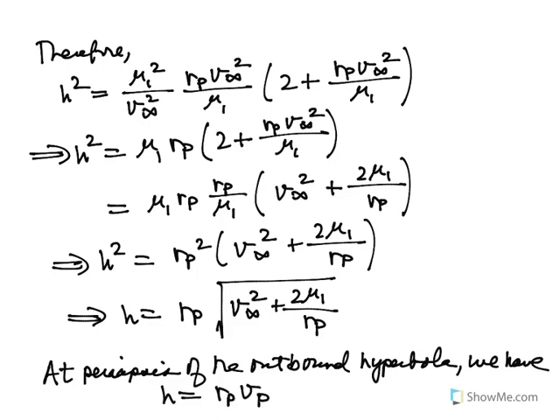And the reason that's true is because r and v, the position and velocity, are orthogonal to one another at that point. So we wind up getting that the radius of periapsis times the speed at periapsis is actually equal to the magnitude of the specific angular momentum.